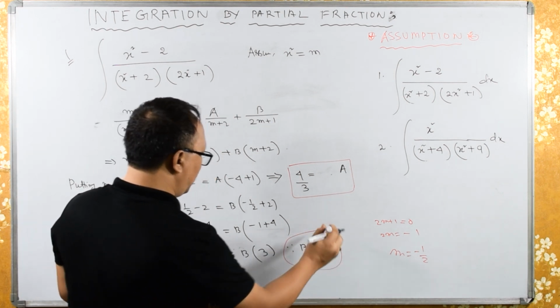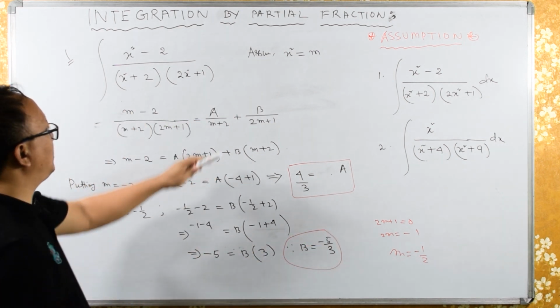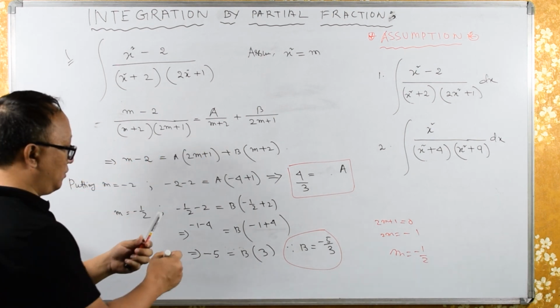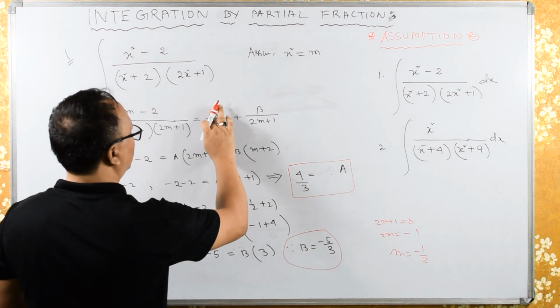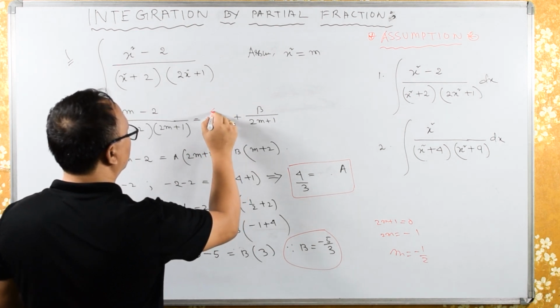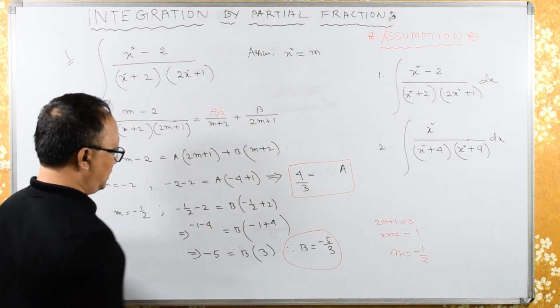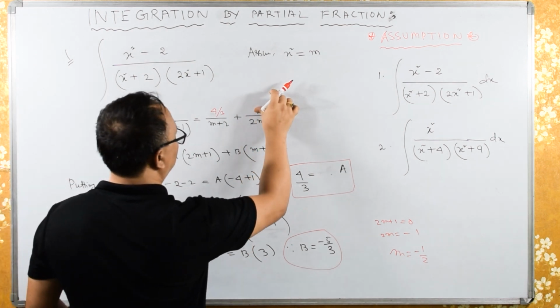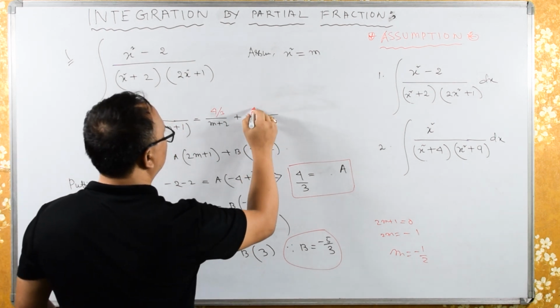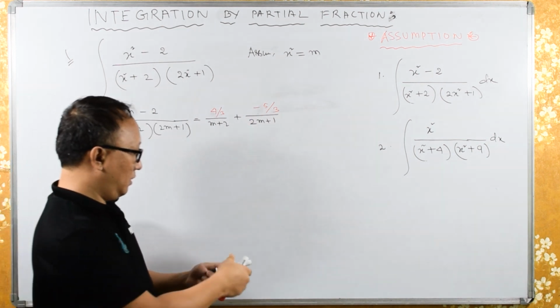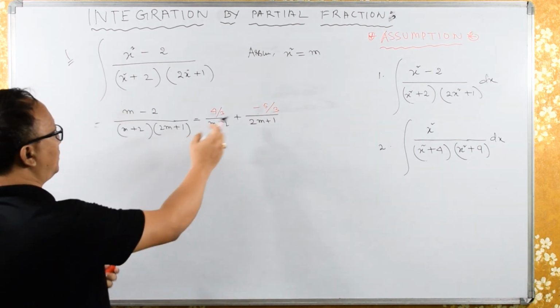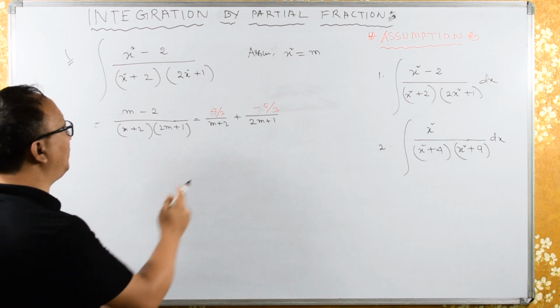So we have the values of A and B. Substituting here, A is 4/3 and B is −5/3. After substituting the values of A and B, we have this.